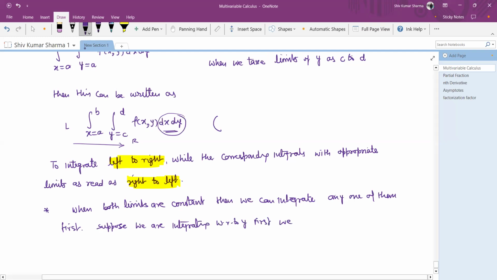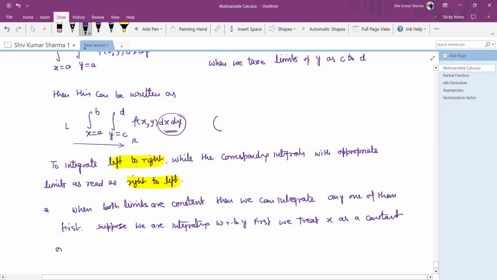We treat x as a constant. The same rule we followed in differential calculus, that is partial differentiation: when differentiating partially with respect to x, we treat y as a constant, for two variables. Similarly for double integration, when we integrate with respect to y, we treat x as a constant.